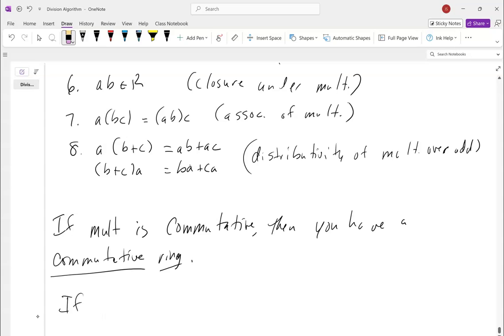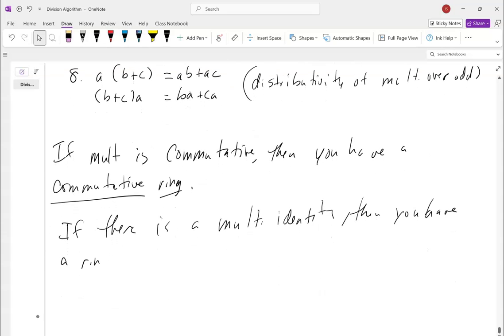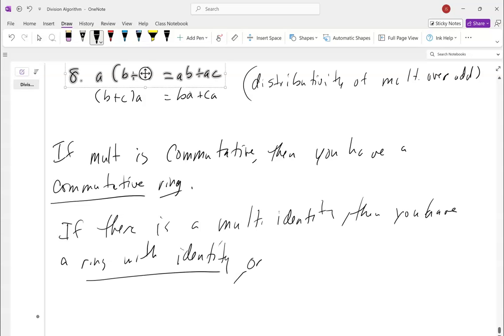If there is a multiplicative identity, then you have a ring with identity. Or sometimes you call it a ring with unity. Remember, we referred to the elements that had inverses as units. That's where the unity comes from.